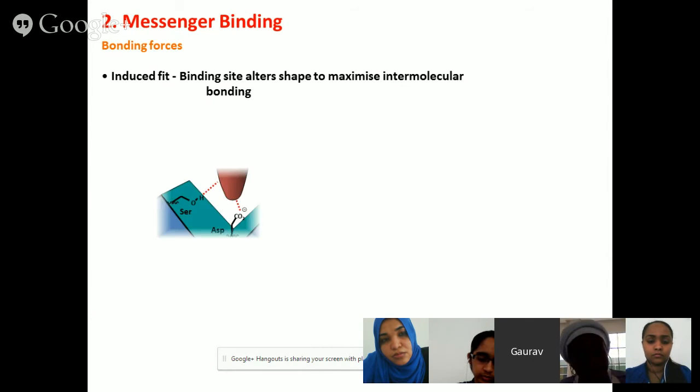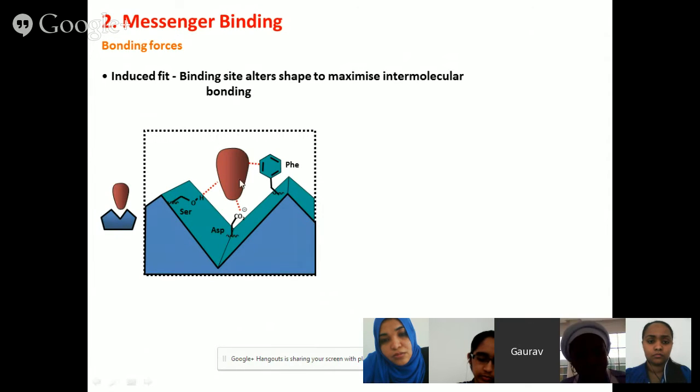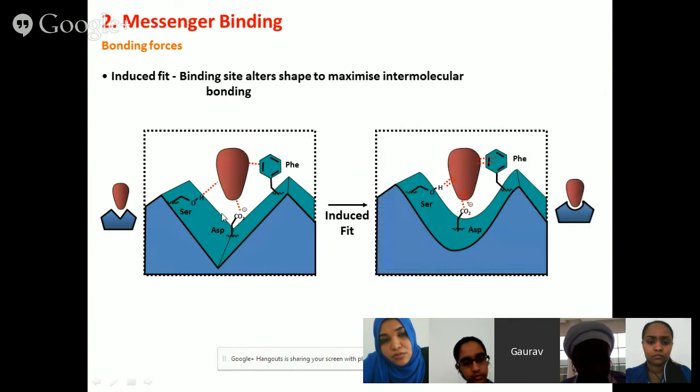Induced fit means that when the messengers bind properly with these three types of bonding forces, the receptor's binding site can slightly change its shape to induce a fit of the messenger on the binding site.